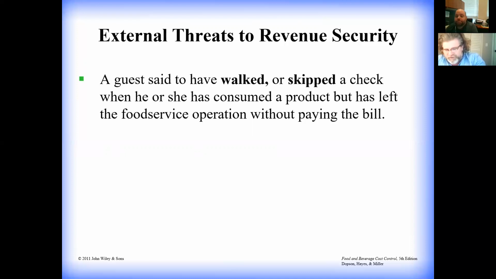The first real concern is, I need to make sure that my guests pay me before they leave. And the secret here, and we design restaurants to help assure this, is that you put the cash register so that the guest has to walk past it to get out. Mm-hmm. Things like that.